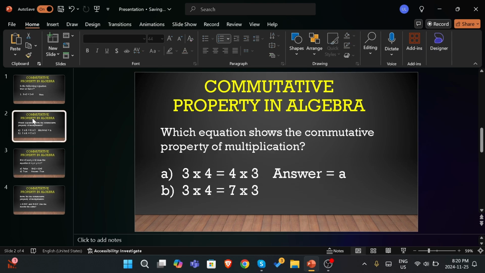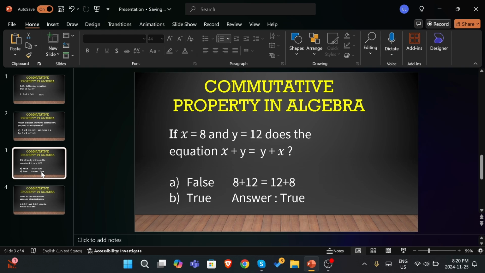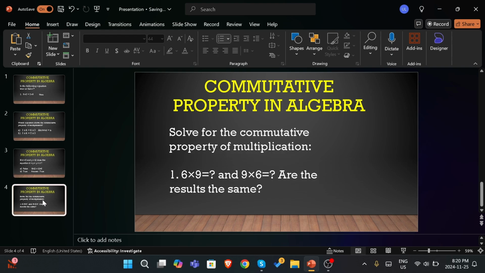Alright, guys. Now, let's proceed to our last but not least, fourth question. So, solve for the commutative property of multiplication. So here they're asking if 6 times 9 is the same result as 9 times 6. So, like I said, multiplication and addition are commutative, so obviously only the numbers get inversed, so the result doesn't change at all.